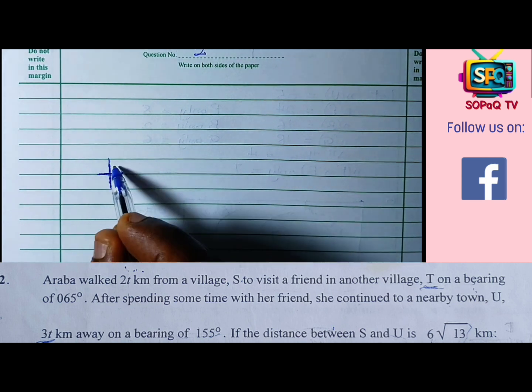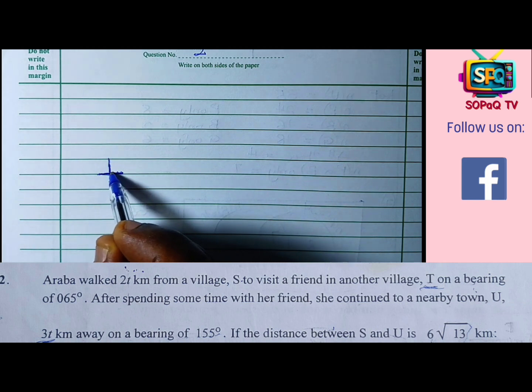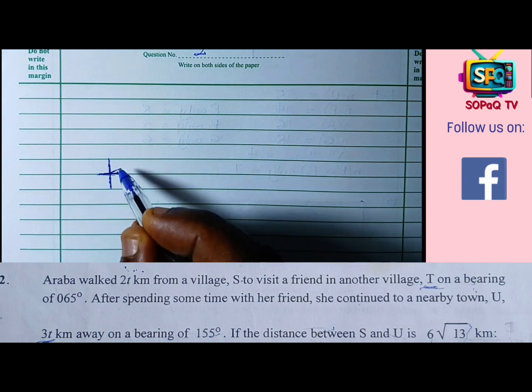So 65 in the first quadrant, reading from the north, even though not drawn to scale, we should be able to show the difference between 65 and what is left, which is 25, because when you take 65 from 90, you get 25.